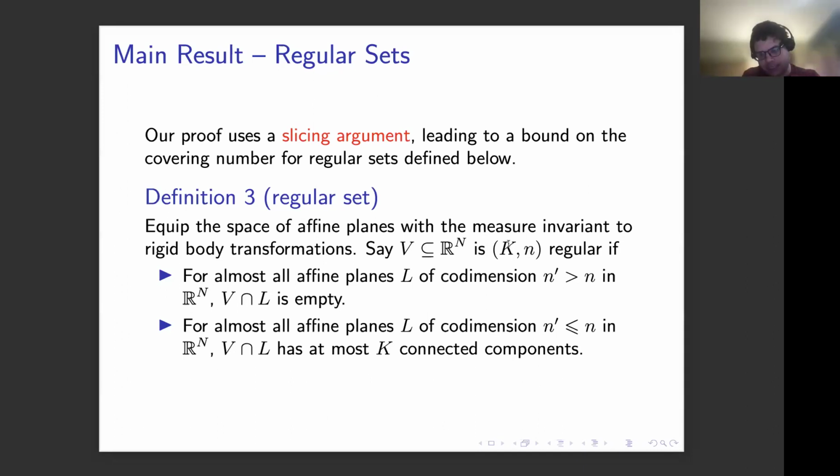Algebraic varieties are included: they are regular, where little n is the dimension of the algebraic variety, and capital K can be bounded in terms of the degree, by the Milnor-Thom theorem from real algebraic geometry.